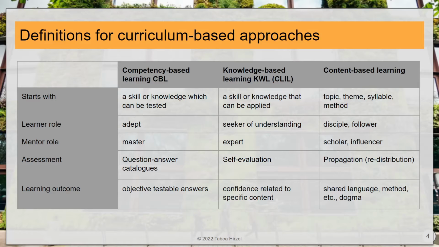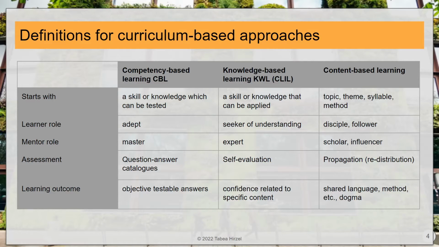And the assessment, how it works, is actually through propagation, redistribution. If we have a lot of clicks, if we resend it to others, we know that it works. Or the academic career, yeah, if we have a lot of students, we have a lot of publications, if these publications are read a lot, and so on.